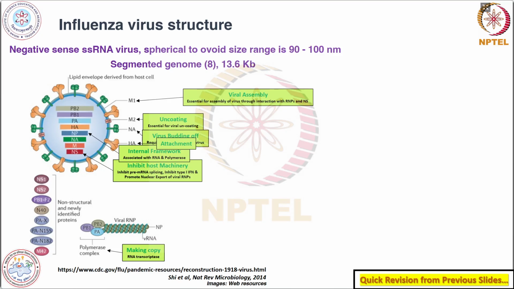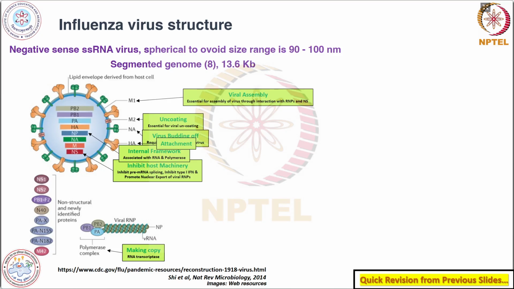There are different types of influenza virus. Generally, 4 types are classified: A, B, C, and D. A is considered the most dangerous, and D type infects pigs and cattle, and it does not infect humans.